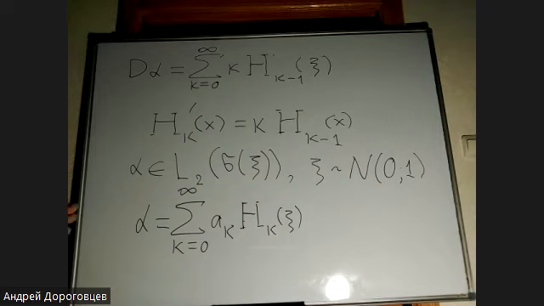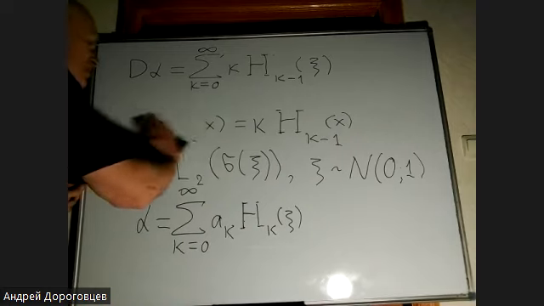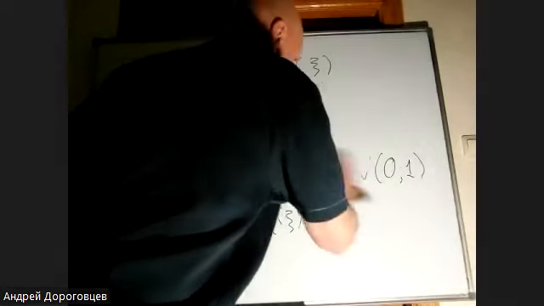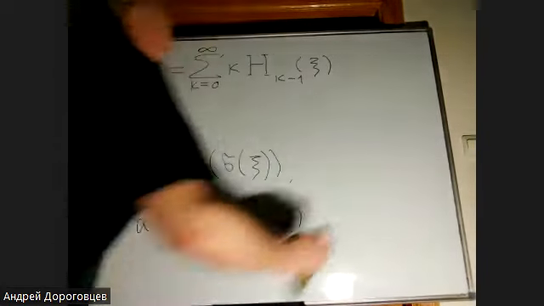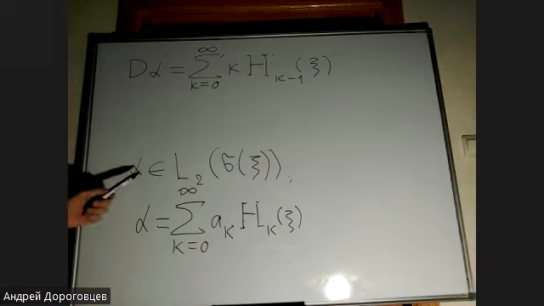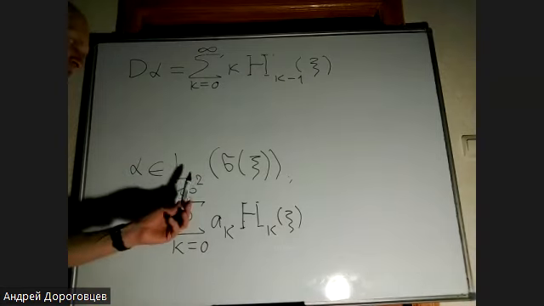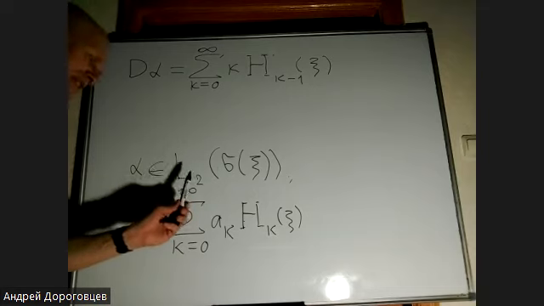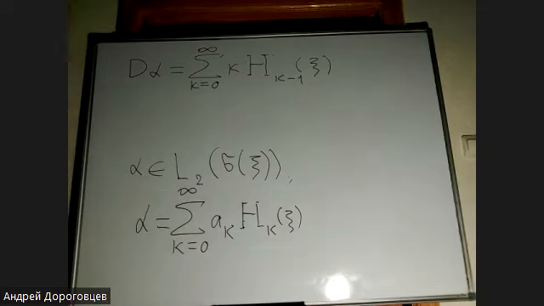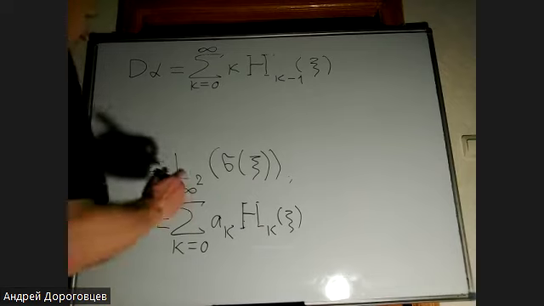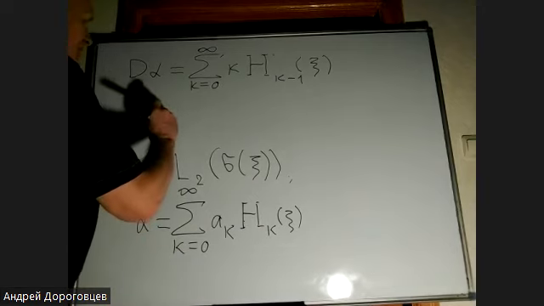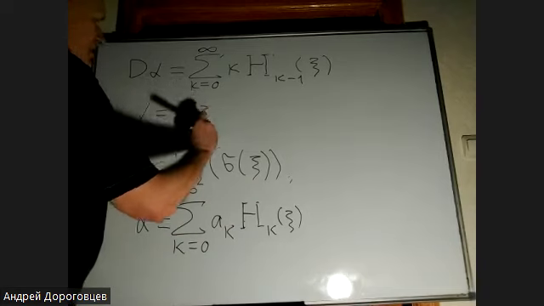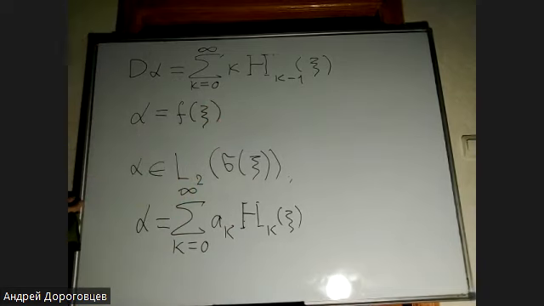Last time we discussed that there are a lot of random variables which have a stochastic derivative. For example, if our random variable alpha is square integrable and measurable with respect to the sigma field generated by psi, then alpha can be represented as f of psi with some Borel function f.